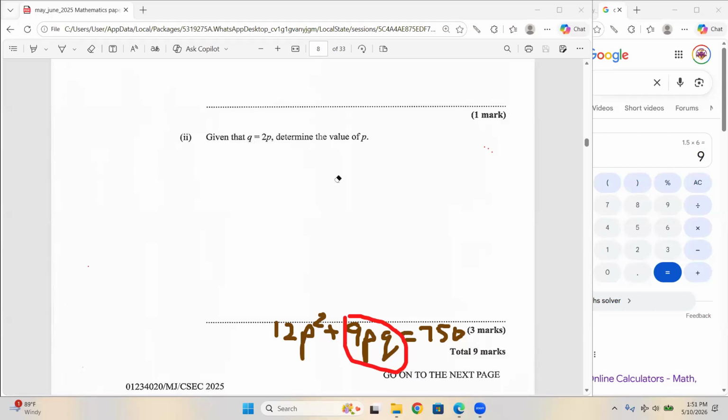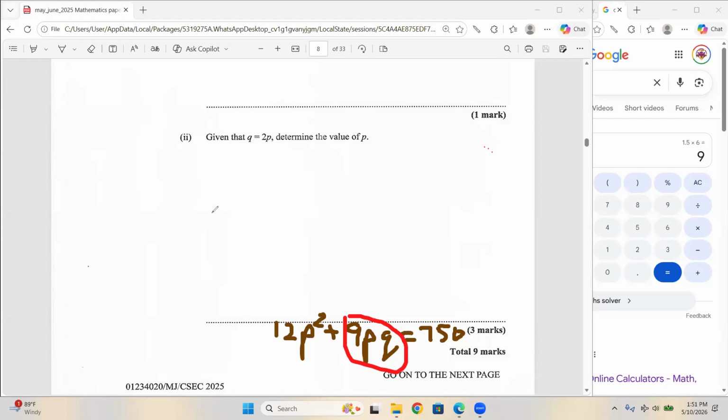Elimination requires that both of them must have a P with the same number in front of it, the same coefficient, or both of them must have a Q and the same number in front of the Q. None of that is going on here, so you cannot use elimination. So it's substitution for sure.